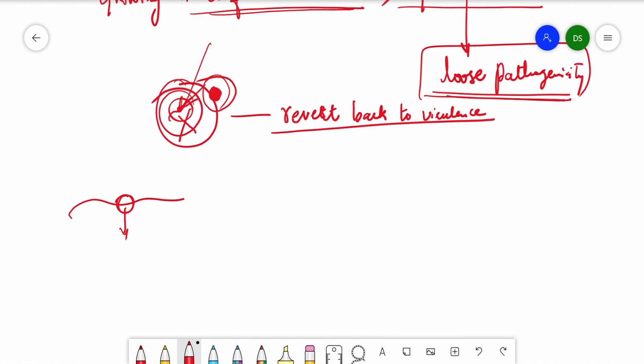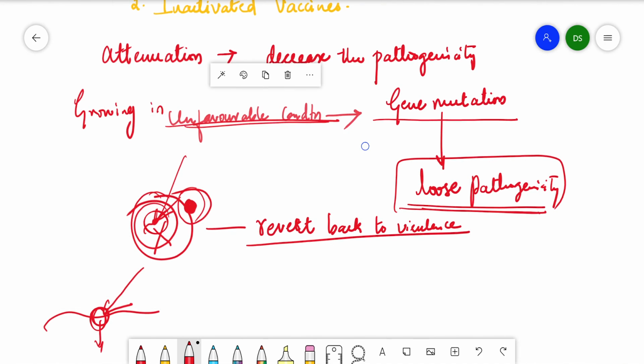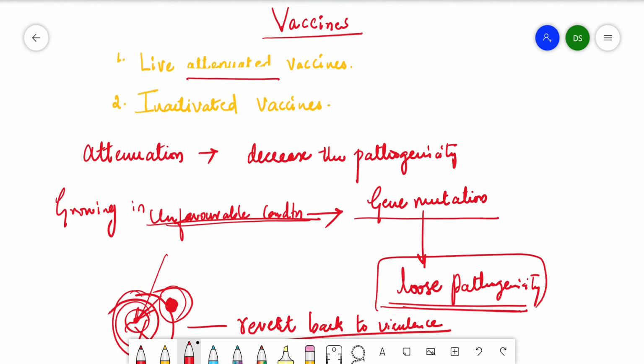This can again turn back to virulence when injected into human beings. So what we can do now is site-directed genetic engineering and stop these genes from reverting back to virulence. So this is all about live attenuated vaccines.